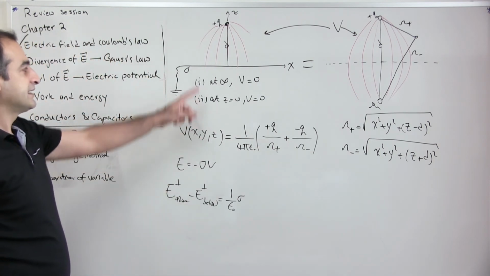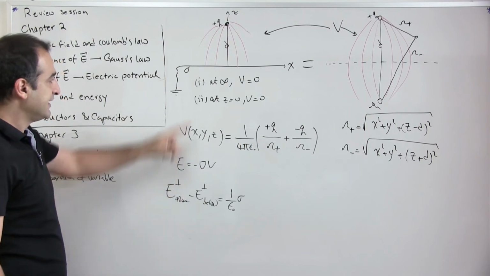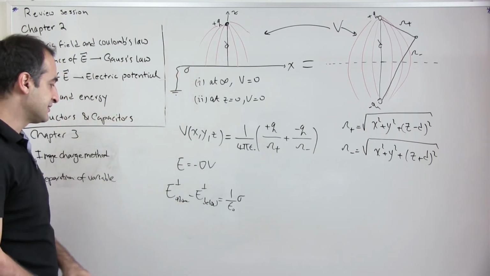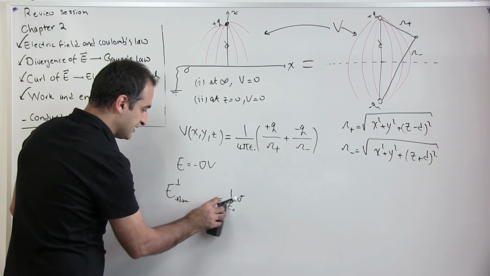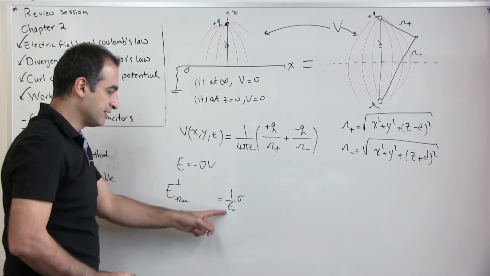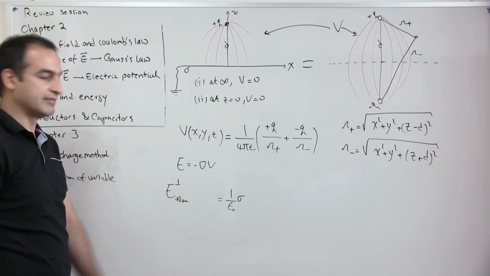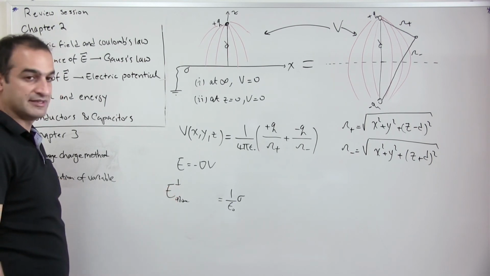For cases like these, where we are on the surface of a conductor, there is technically no E below because there's no electric field inside the conductor. So E above should be equal to 1 over epsilon 0 times sigma. E below, that term is just simply 0. What is the normal component of the electric field just above?